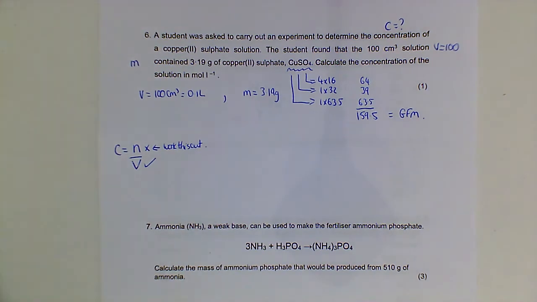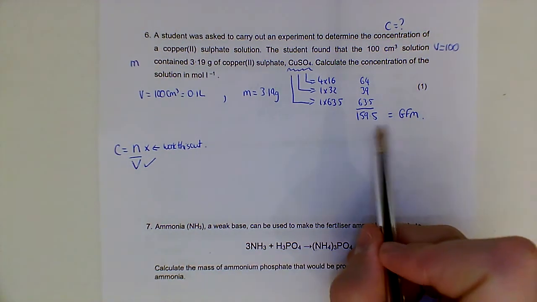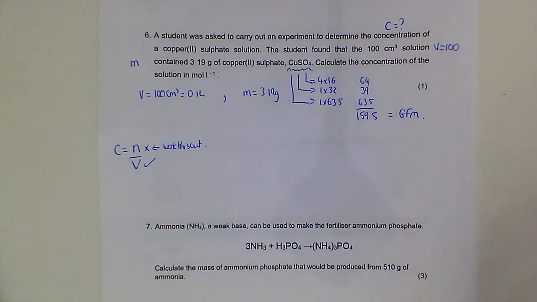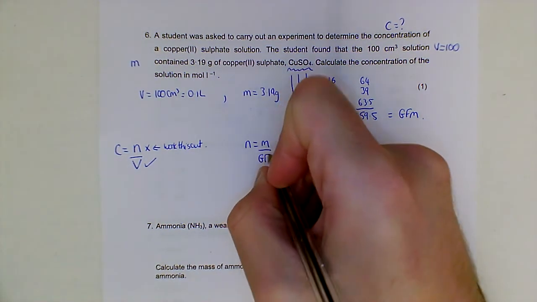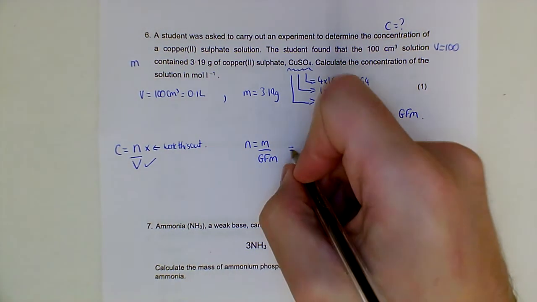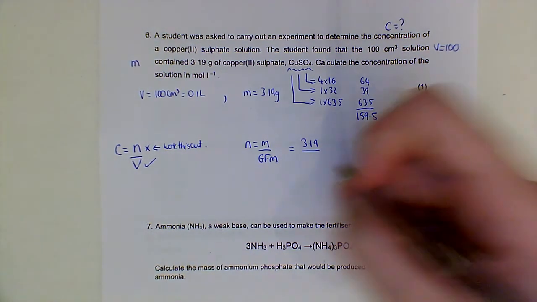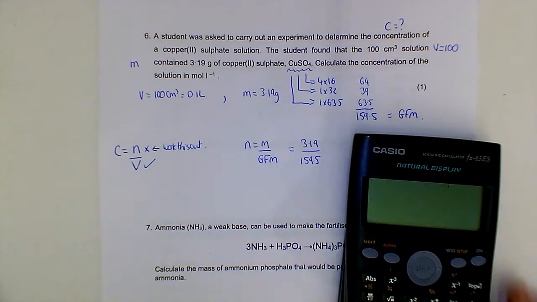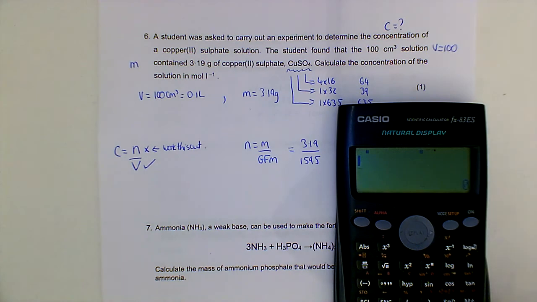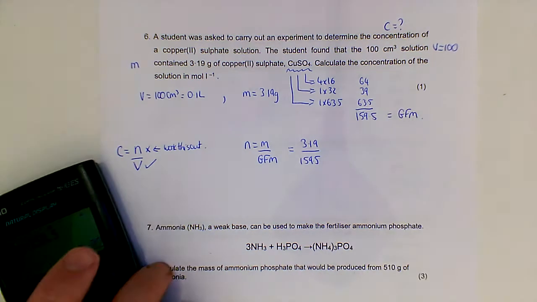The information I have is a mass, and I have a gram formula mass. So that allows me to calculate a number of moles, because number of moles equals m divided by GFM. So that's going to be 3.19 divided by 159.5. So I'm going to put that into my calculator. 3.19 divided by 159.5, and that equals 0.02.